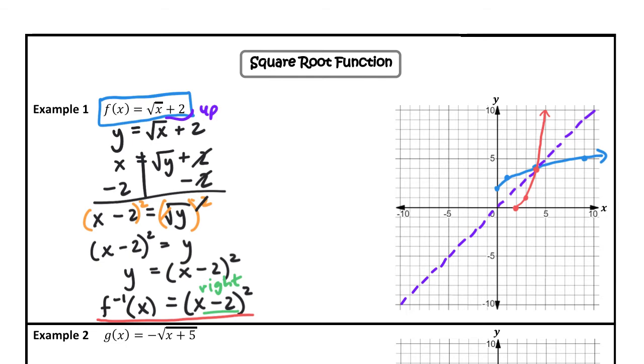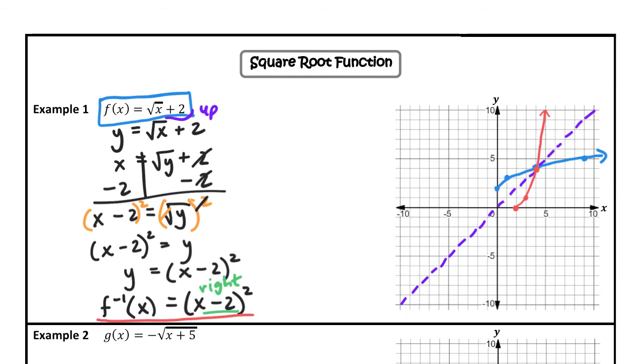So then we have to figure out which part of the red graph we kept. We kept the right part. But from which x value to which x value did we keep? So what x value is right here on the red? It's 2. So on my function over here, I'm going to write the restriction.